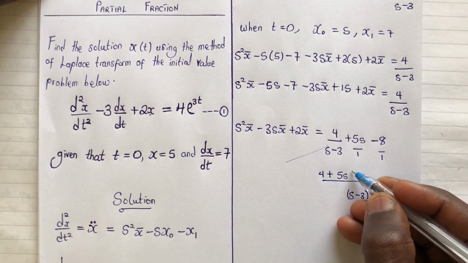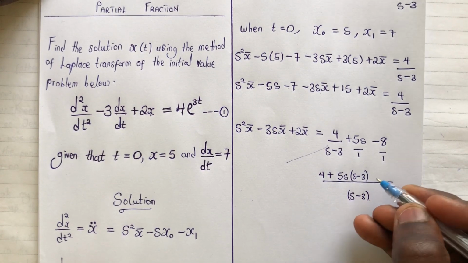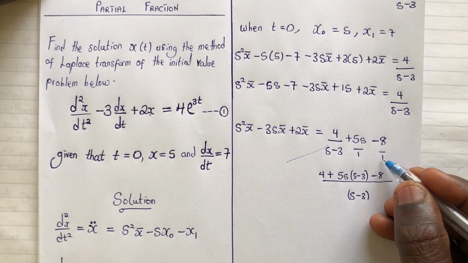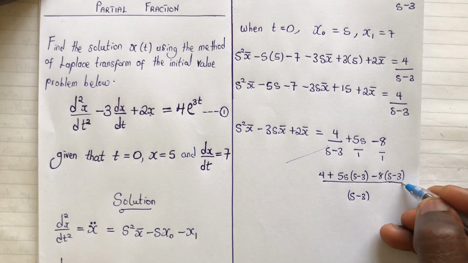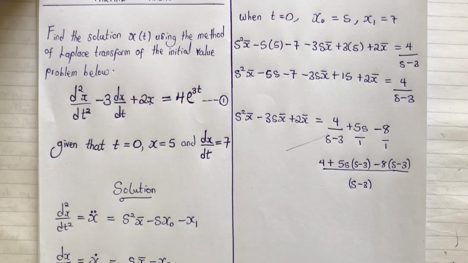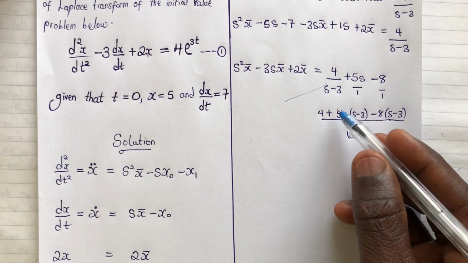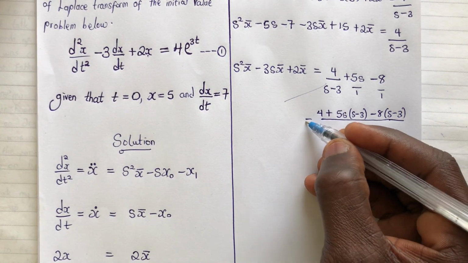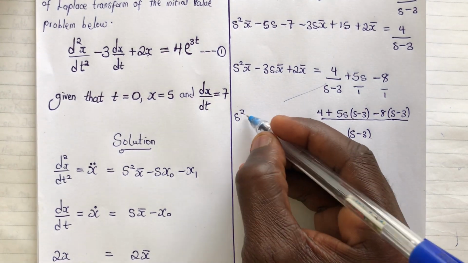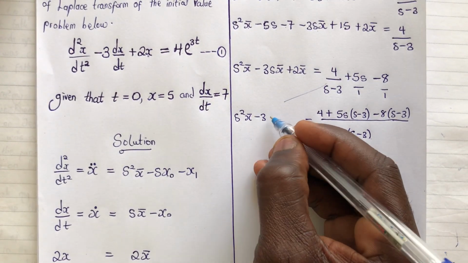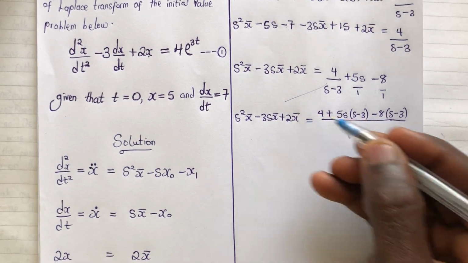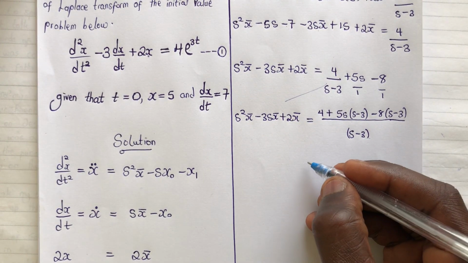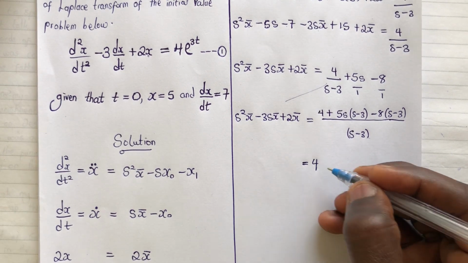So we have 5s into s minus 3. Then we have minus 8. This into this is the same as s minus 3. Now from here, we can expand this side. This is the same as s squared x bar minus 3s x bar plus 2x bar. So when we expand this, this result is giving us 4.